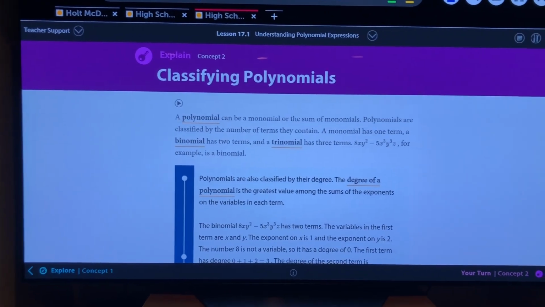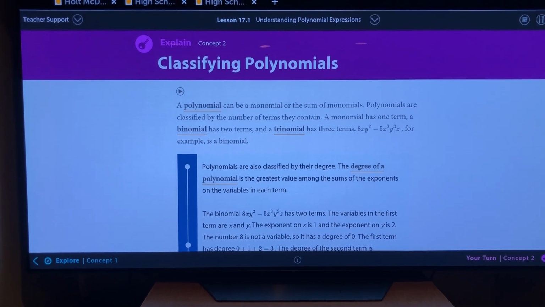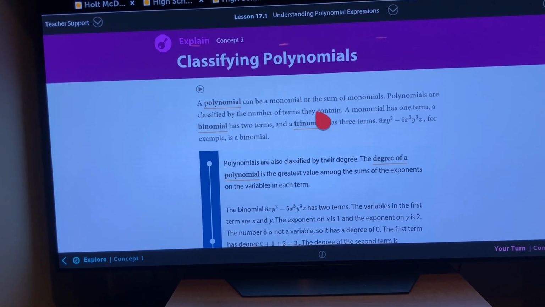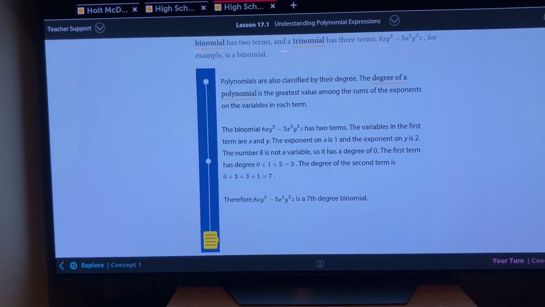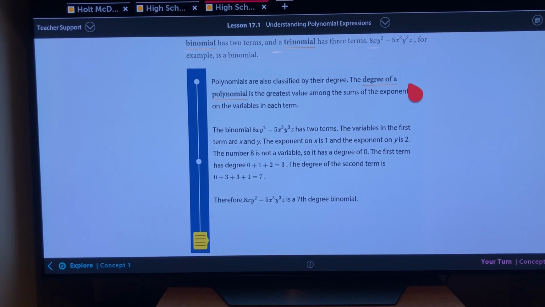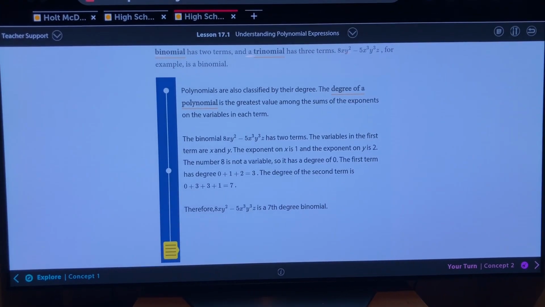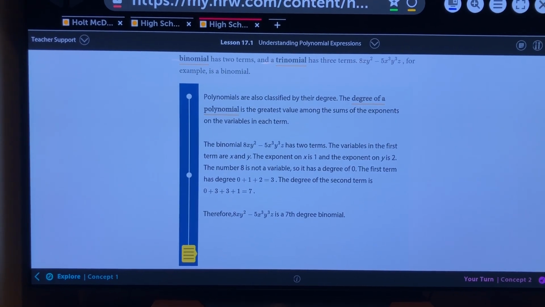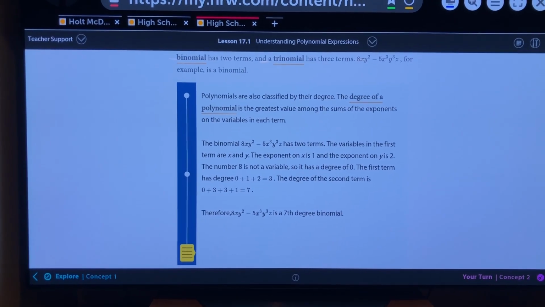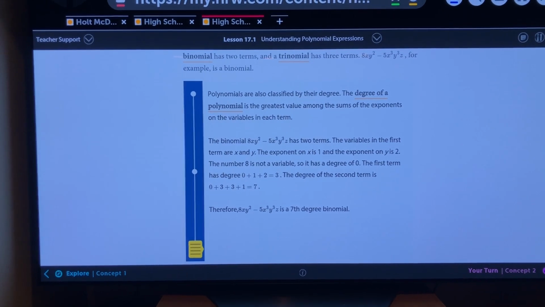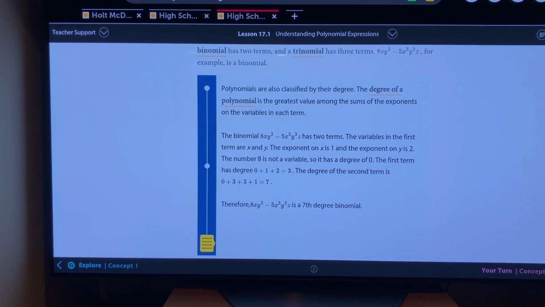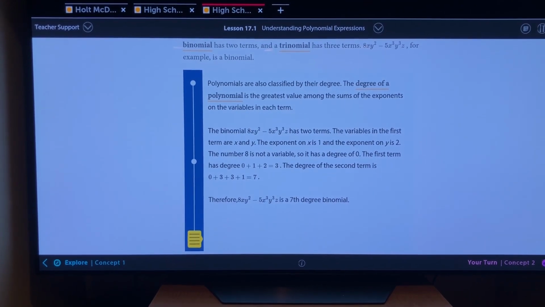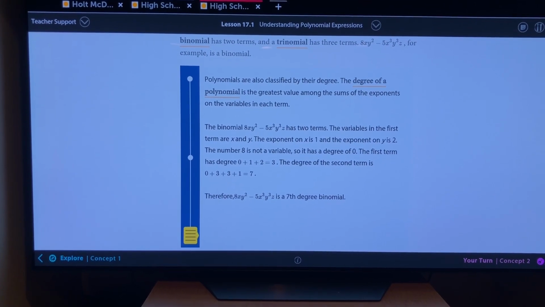Anyway, polynomials are also classified by their degree, not just by their number of terms. The degree is the greatest value among the sums of the exponents. When we look at the binomial listed there in the middle, 8xy squared minus 5x to the third y to the third z, that is 2 terms.